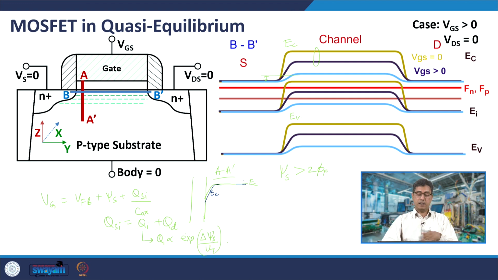So as you increase the surface potential, inversion charge exponentially increases, then a small increase in gate voltage would happen because of a very small increase in surface potential.